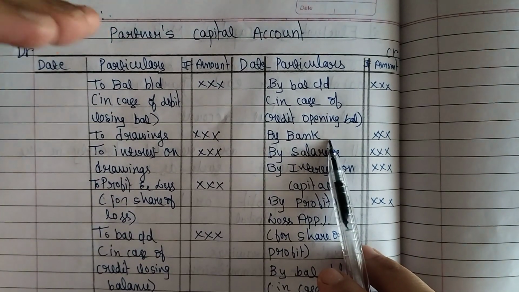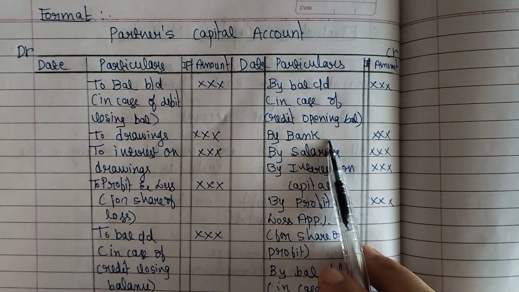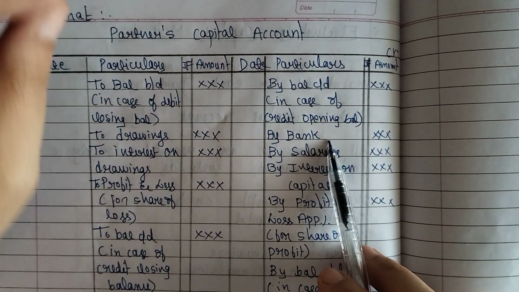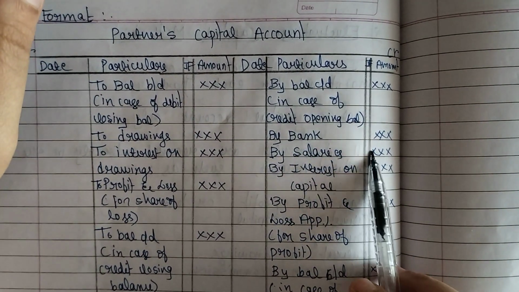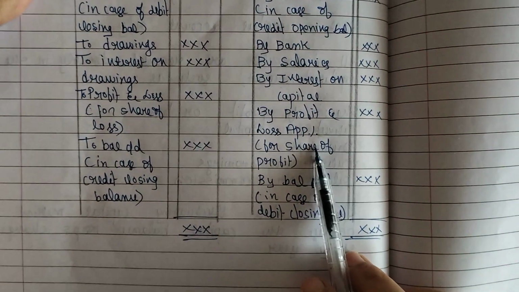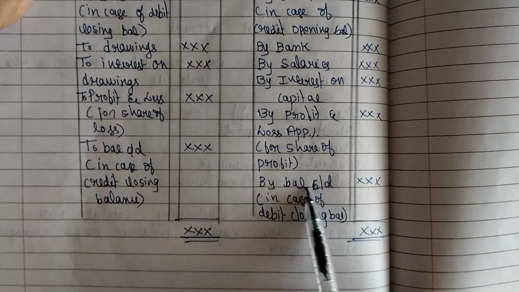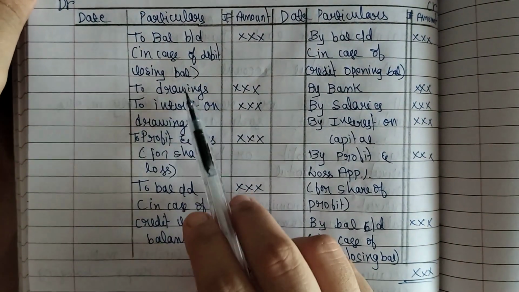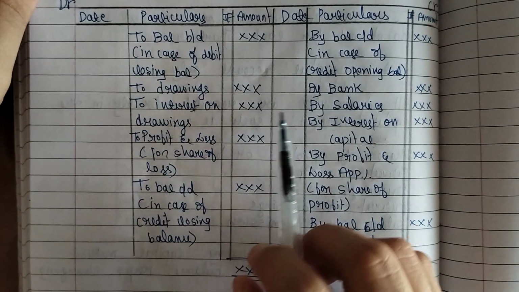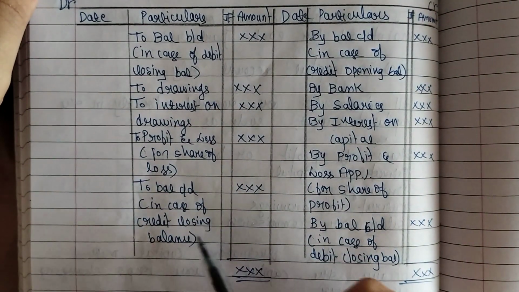Here we will not prepare a separate account. All the adjustments are recorded in only one account, clear. Salary to the partner, interest charged on capital, profit and loss appropriation account, and by balance carried on. On the debit side, to drawings, interest charged on drawings, profit and loss for share of loss, to balance carried on, clear.